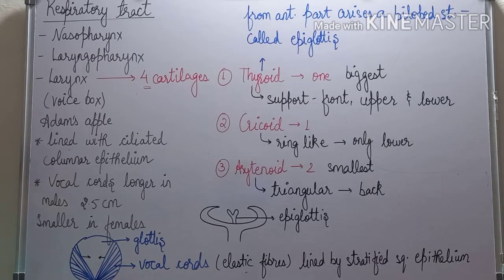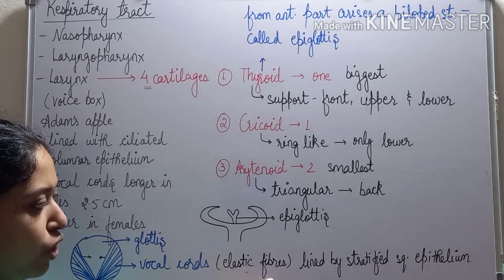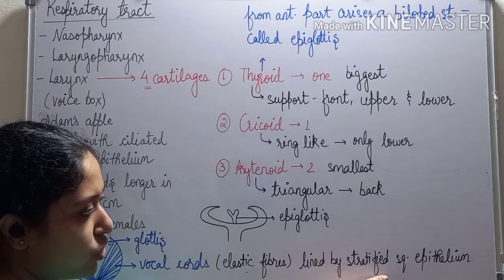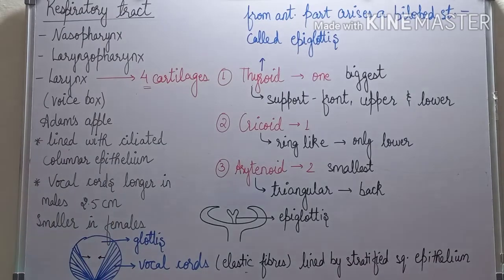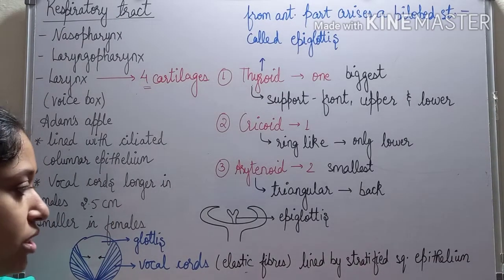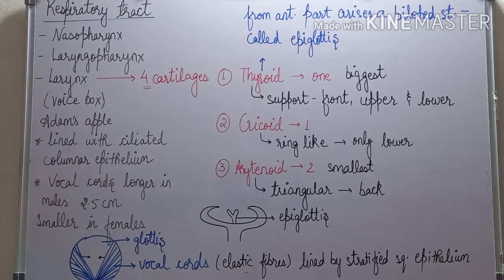What are vocal cords? These are elastic fibers lined by stratified squamous epithelium, and in between these two vocal cords there is a space which is known as the glottis.